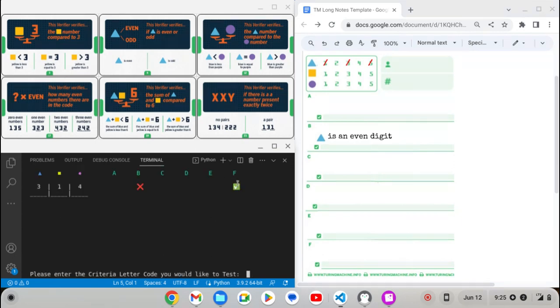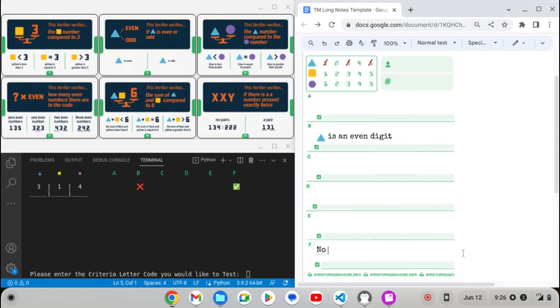Okay, so the Turing machine responds that it does approve of my proposal of 314. Notice that all the digits in the proposal are distinct. So that means that there is no pair. So that's what I'm going to write down in my notes in section F, that there should be no pair in my solution.